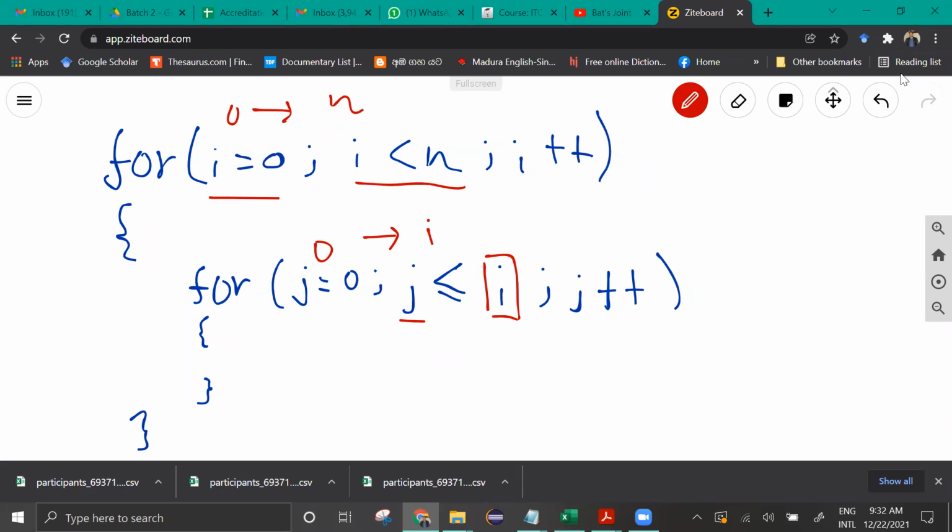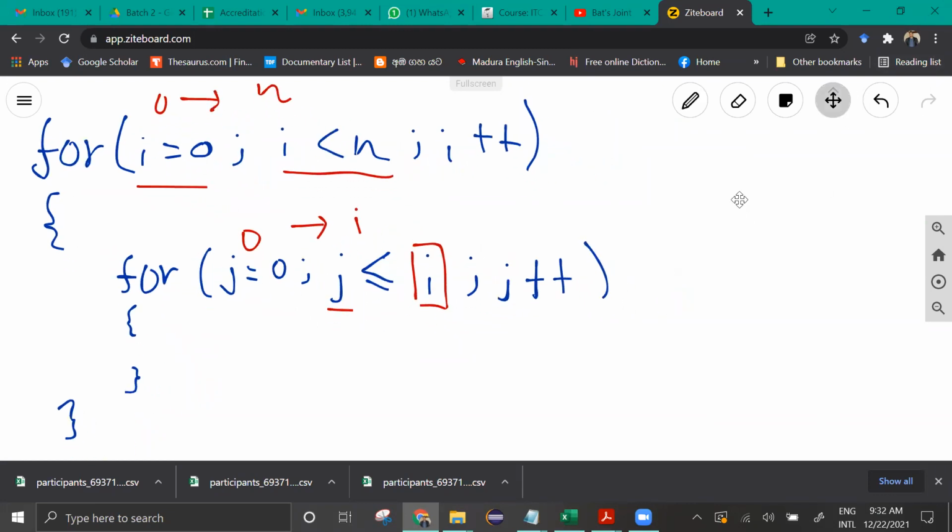That means in the first iteration, when i is 0, j goes just 0, one time. When i is 1, j is 0 and 1, 2 times.